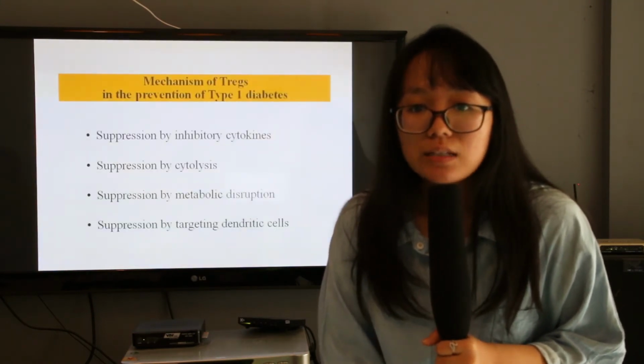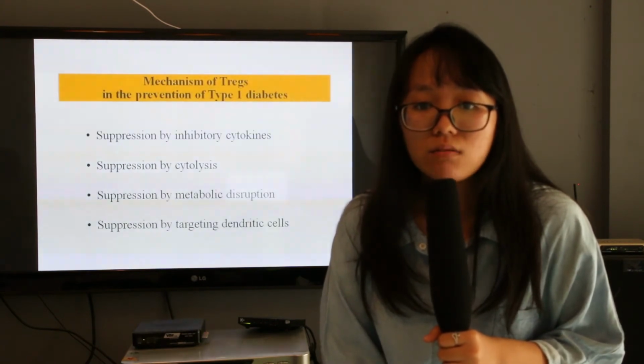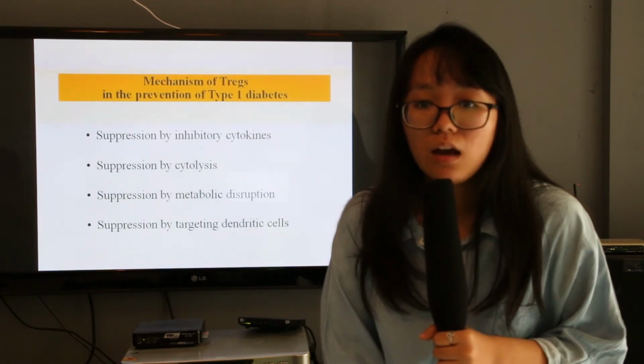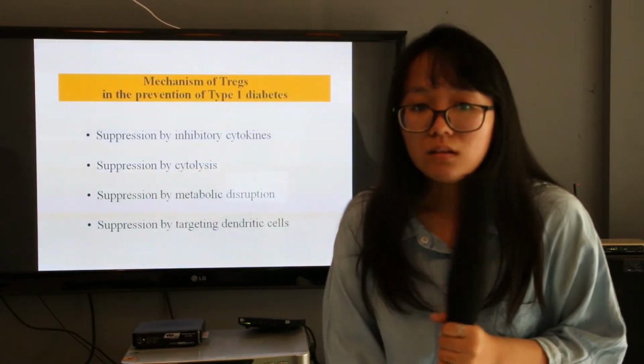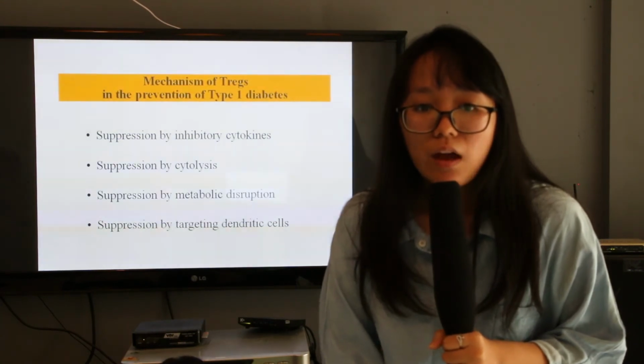Both T cell subsets share a similar phenotype in that they express the intracellular transcription factor FOXP3 and secrete interleukin 10 and TGF-beta. The Treg will affect the effector T cell by four main pathways.